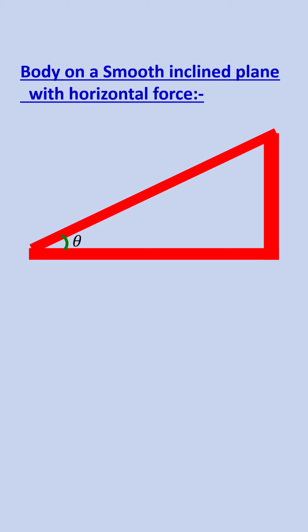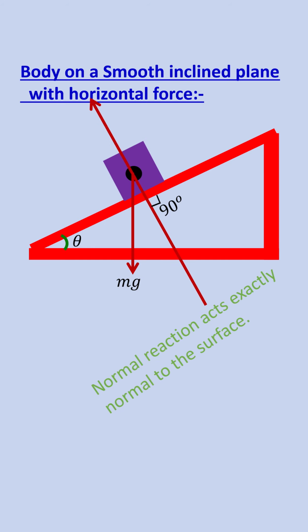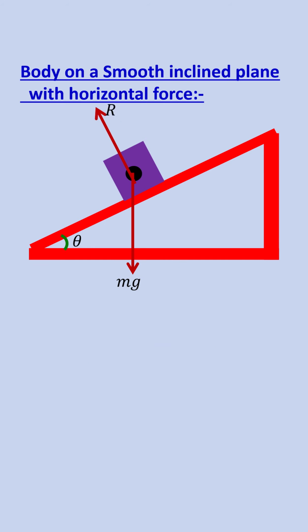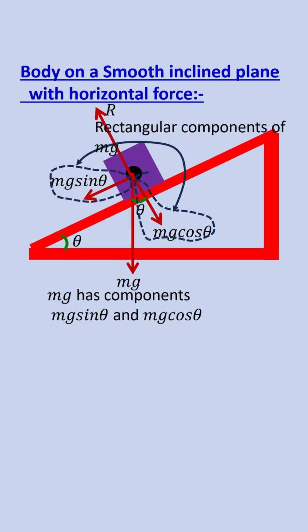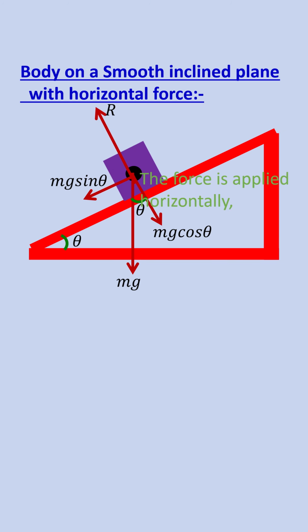Body on a smooth inclined plane with horizontal force. This is the body. The weight mg acts vertically downward. Normal reaction acts normal to the surface. mg has two components, mg cos theta and mg sin theta, as we discussed earlier many times. These are rectangular components.